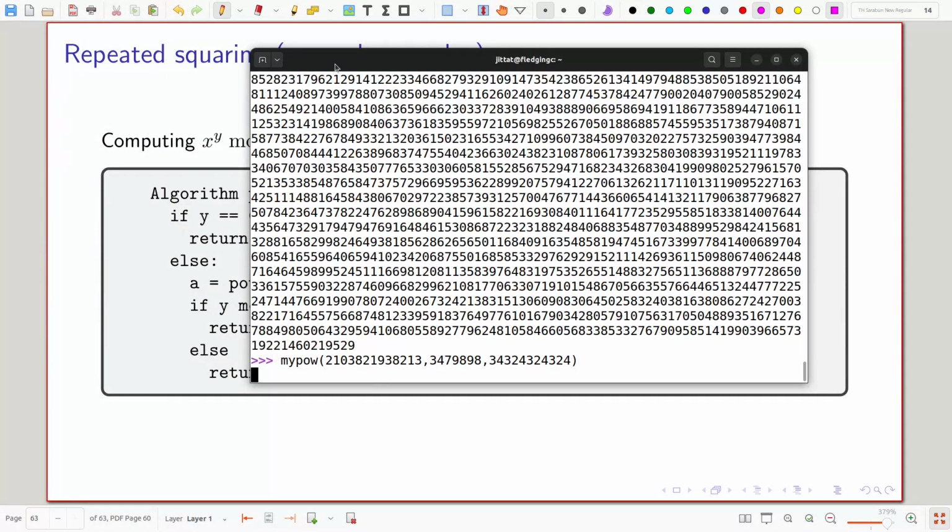And then it takes forever. If you don't mod, the number will be really large, and it eventually eats all my memory. So let me show you.